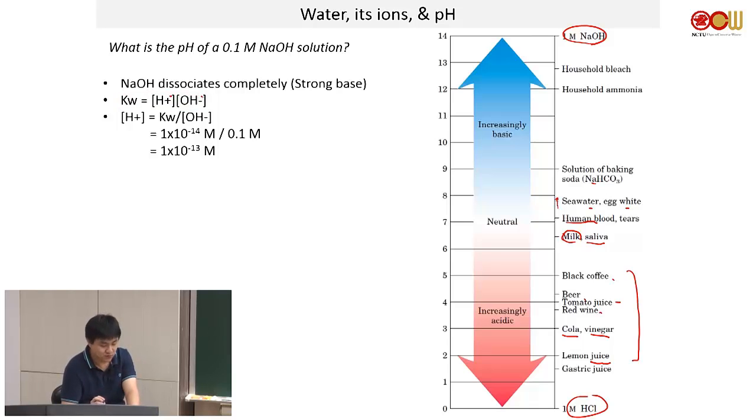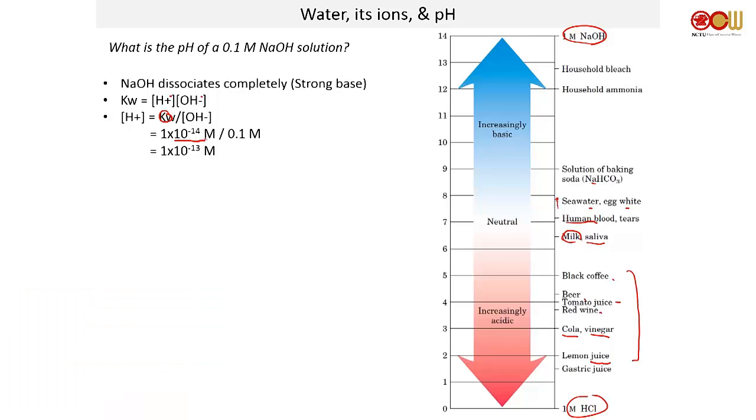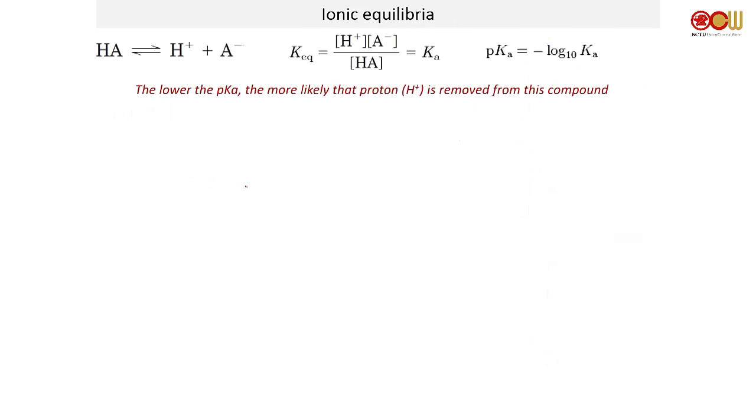You rearrange the equation, and we know Kw is 10 to the minus 14 molar squared. You know the concentration of OH minus because I told you right here. So you divide, and you get your proton concentration, 10 to the minus 13. Take the negative log of that value, you get a pH of 13. So that's a very simple thing that you guys should know.